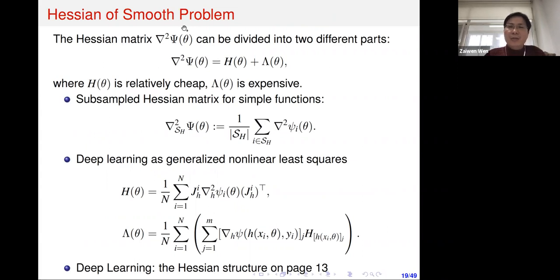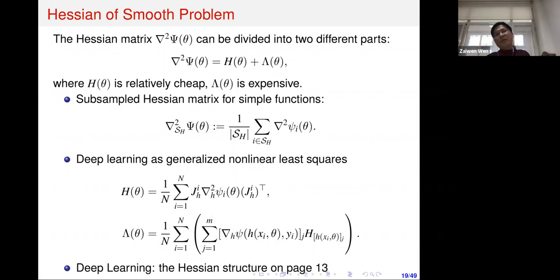We know the Hessian can be written as a summation of two terms. One term is relatively easy to compute, and another term can be very expensive because in this part we need to compute the second order derivatives. The first one, we only need to compute essentially the gradient, like the Jacobian matrix, Gauss-Newton matrix.